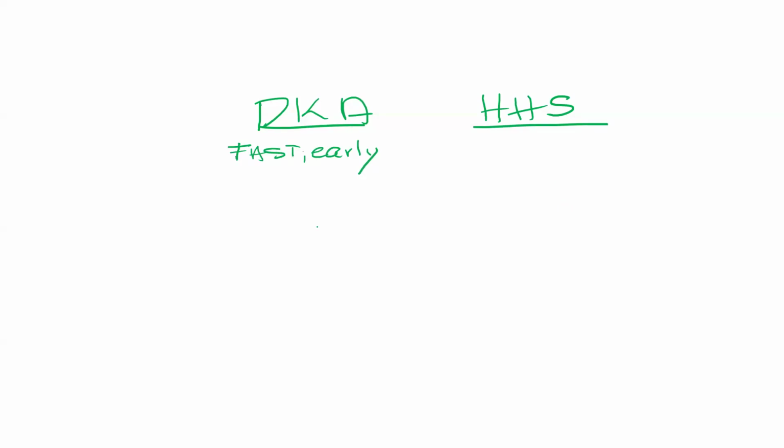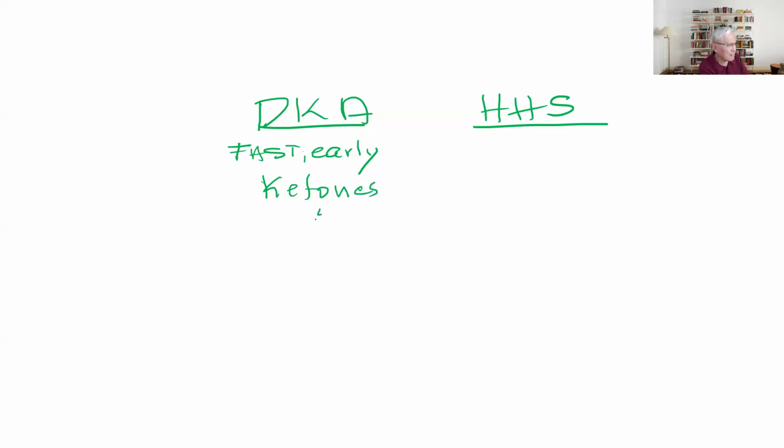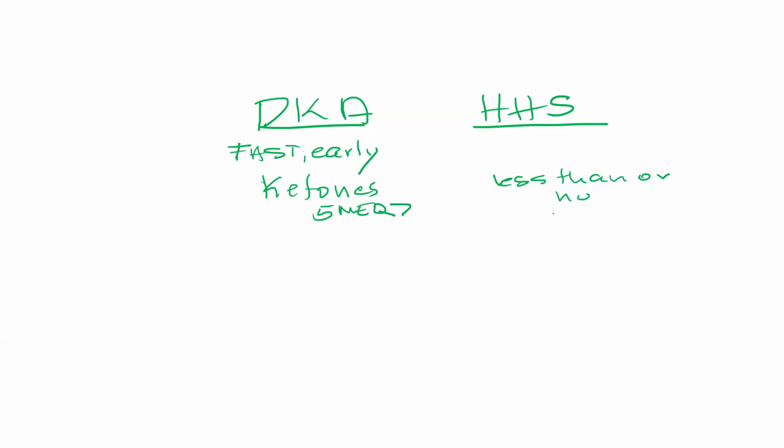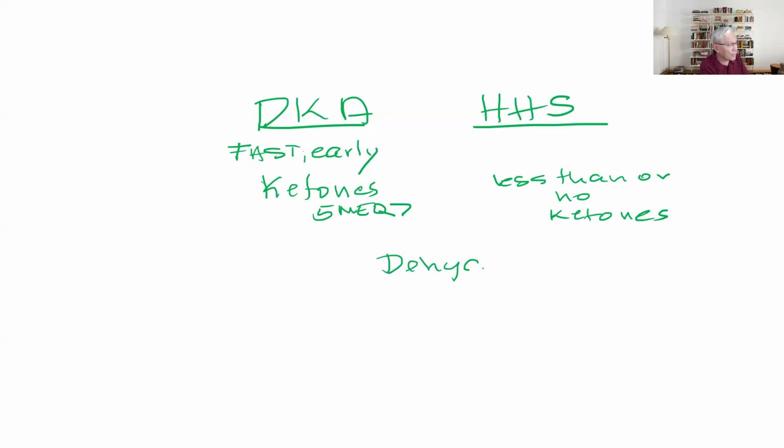Both of them will have hyperglycemia. The glucose in DKA is around 400, and HHS is more than 600. Ketones over here will be 5 mEq or more, and over here there will be less than 5 or no ketones present. Dehydration will be in both of them.